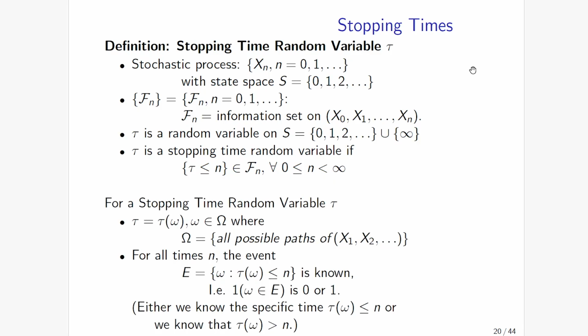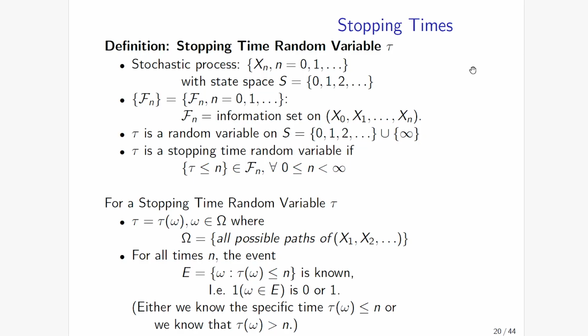A way of trying to help explain this: with a stopping time random variable, we have different omegas in the probability space, and the omegas can be thought of as indexing all possible paths. So with different realizations, we have a different omega. Our event E is the set of paths for which the stopping time evaluated on that path is less than or equal to n.